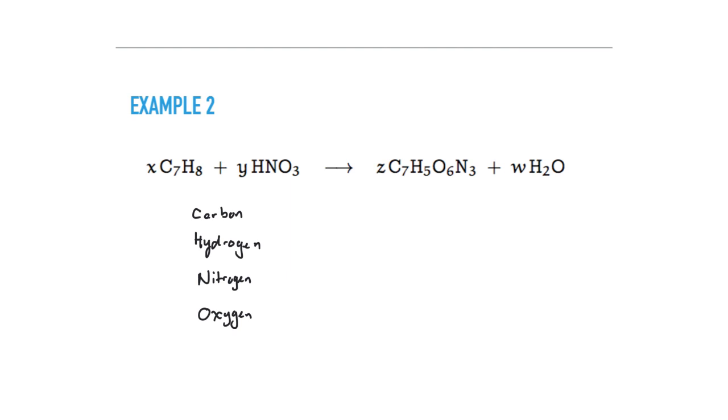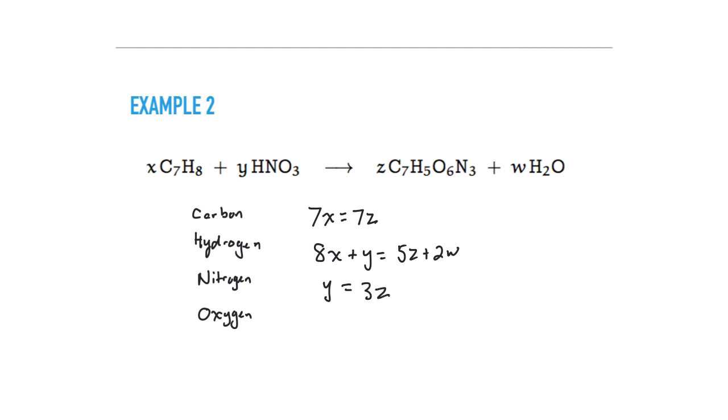Analyzing the carbon, we can conclude that 7x is equal to 7z. Looking at the hydrogen, we could say that 8x plus 1y is equal to 5z plus 2w. Looking at the nitrogen, we could say that 1y is equal to 3z.